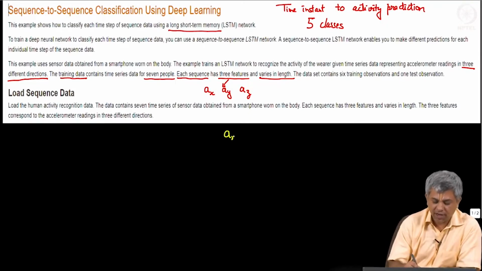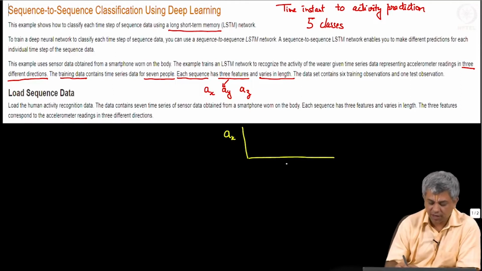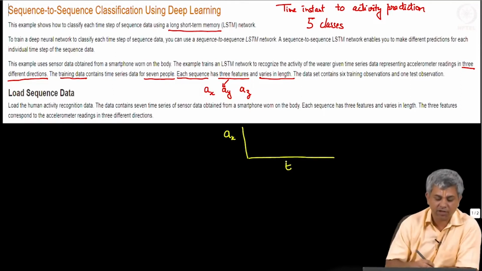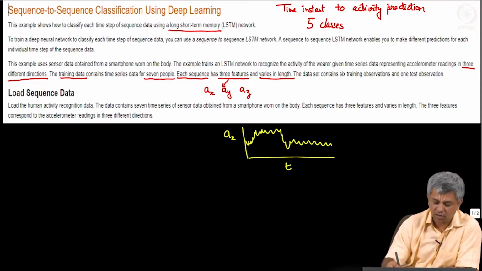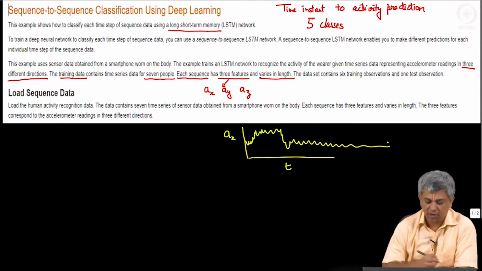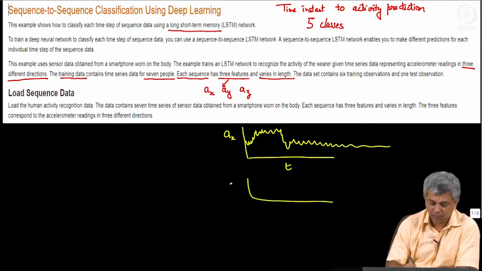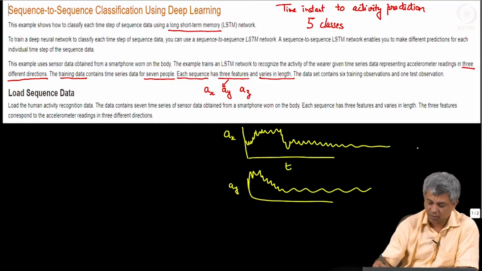Let us say I draw a graph with time and I am doing some activity for a certain length of time. Okay. So, my acceleration signal looks like this with time in x, looks like this in time with y, and looks like this with time in z. Okay.